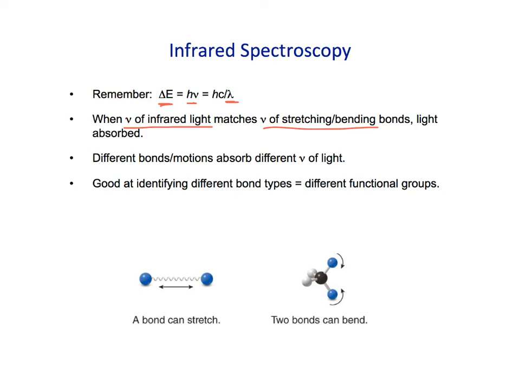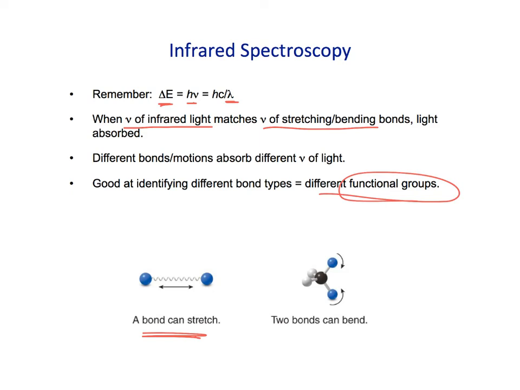Because different bonds vibrate at different frequencies, different types of bonds will absorb different frequencies of light, and therefore different functional groups. So we can have bonds stretching like this, bending like this, or bending together, or going this way, then this way.